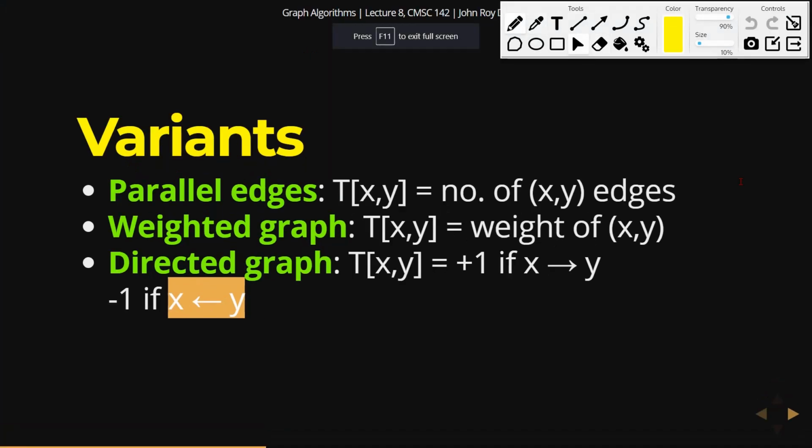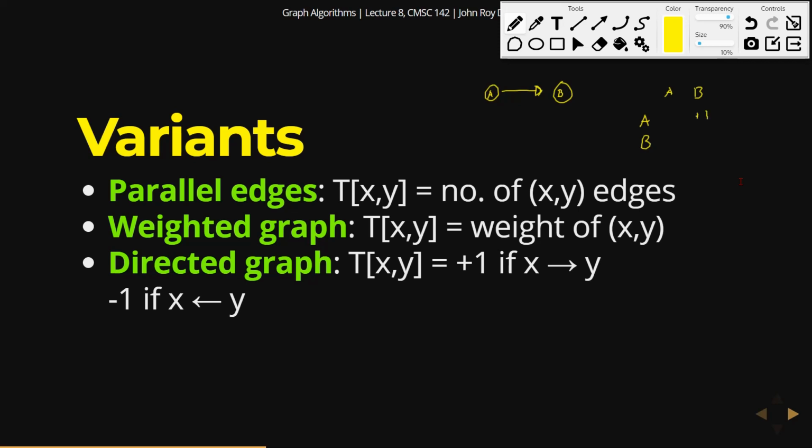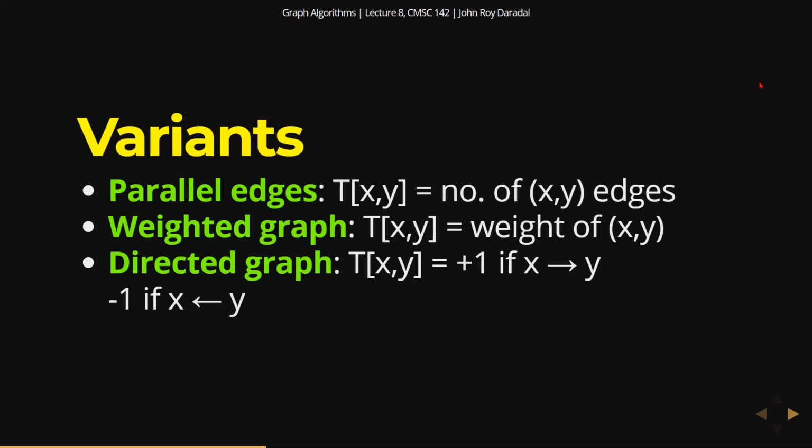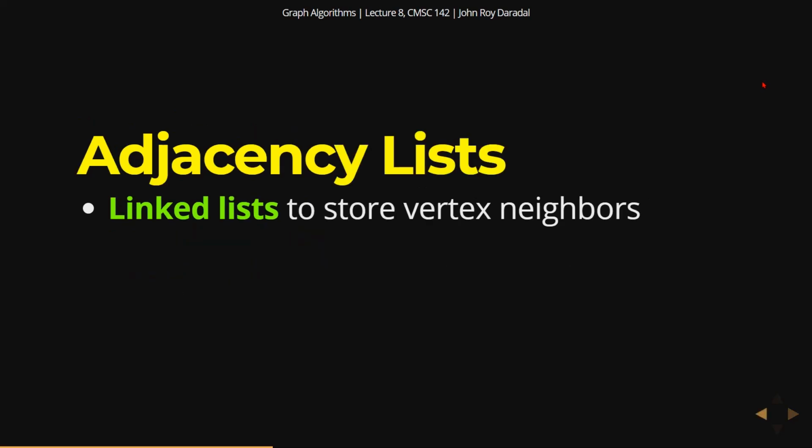So if it was A, B, since it's going in the right direction, A, B will have plus 1. But B to A also has an edge, in the opposite direction, so this is minus 1. Does that make sense? There is an edge here, but it's in the opposite direction, so you can annotate that with negative 1. Those are some of the variants. So that is the adjacency matrix.